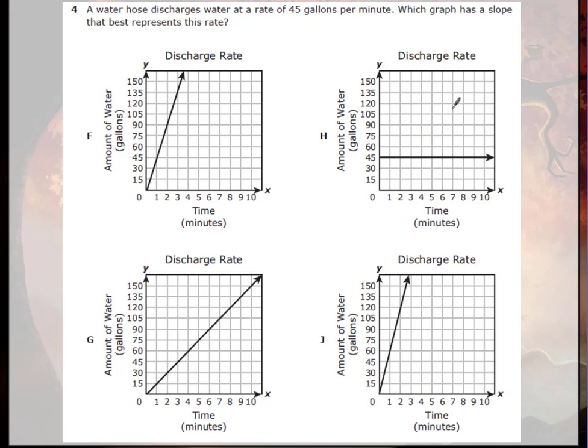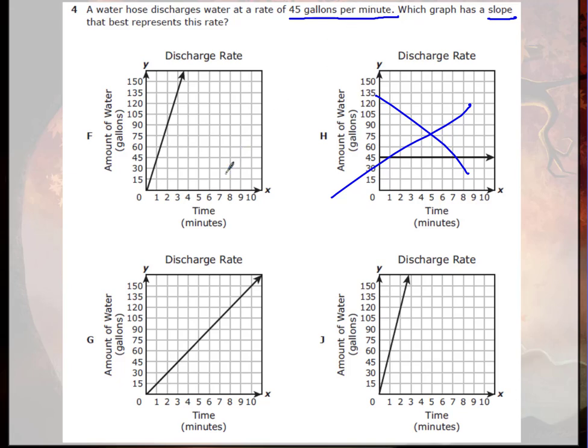It has no slope, so we can automatically mark this one out. What this problem is looking for is the slope, and it gave it to us as 45 gallons per minute. So our slope is 45 over 1, because that's what the per minute is.